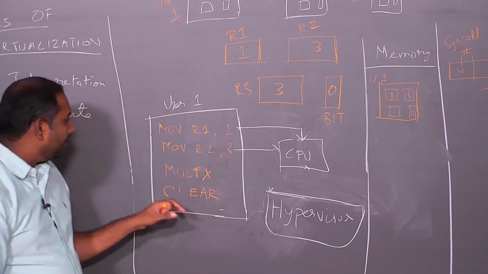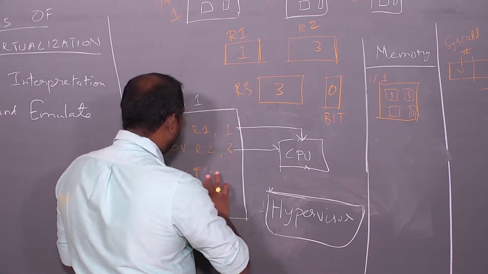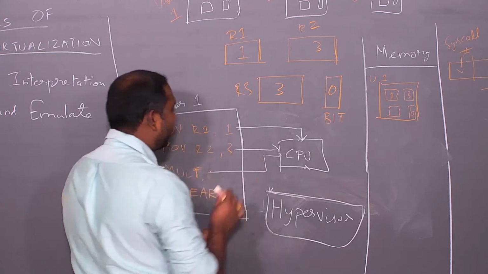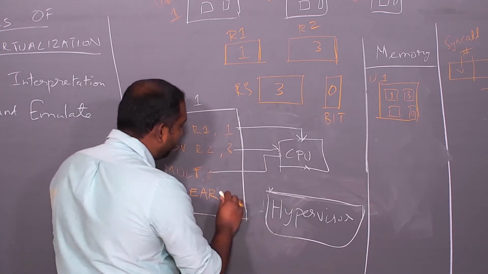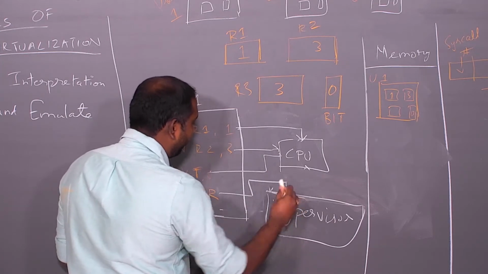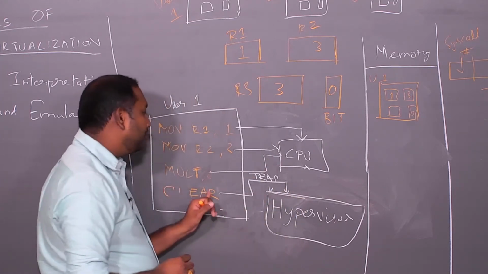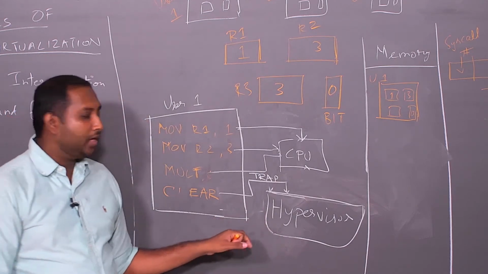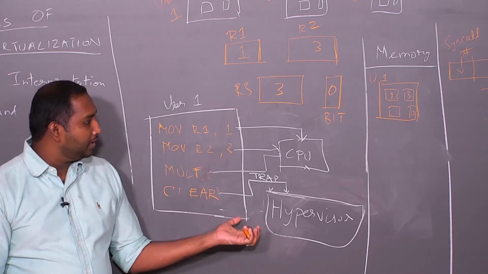In the same way, when you have mult happening, that goes to the CPU, so far no problem. But when you do clear, that has to result in a trap. Okay, so the hypervisor then looks at it and sees it's trying to do clear.